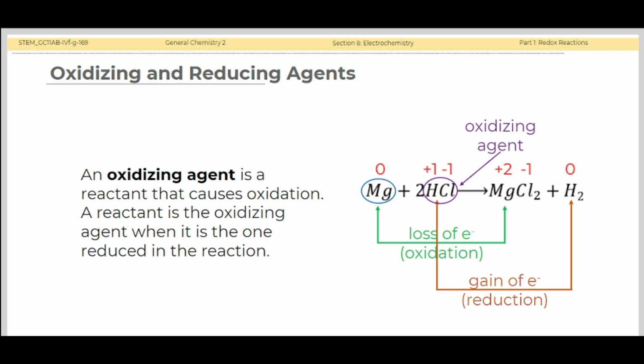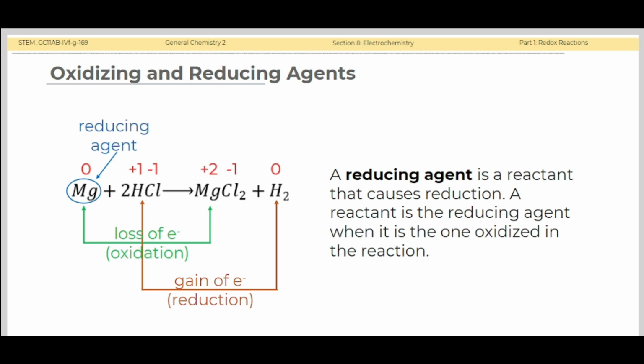A reactant is the oxidizing agent when it is the one reduced in the reaction. In the given reaction of magnesium with hydrochloric acid, the latter reactant undergoes reduction as a result of electron gain in the hydrogen atom or decrease in hydrogen's oxidation number. Thus, hydrochloric acid is the oxidizing agent.